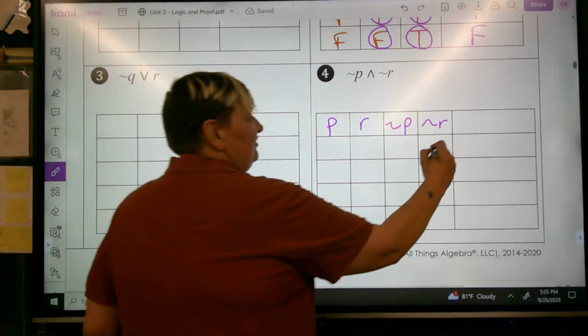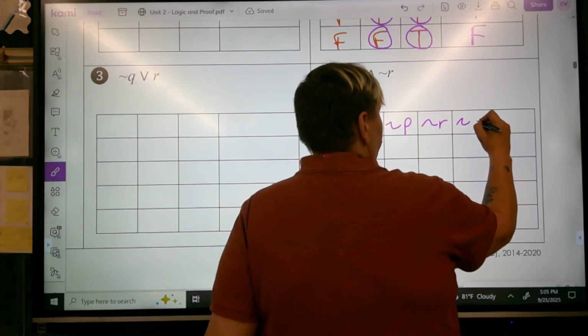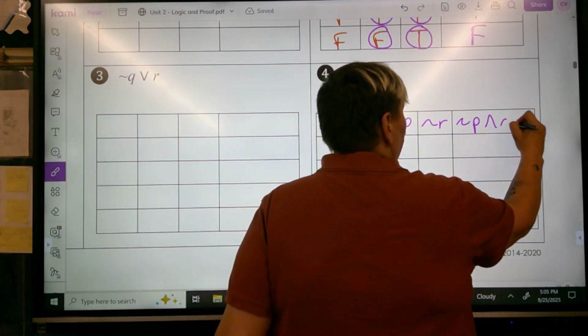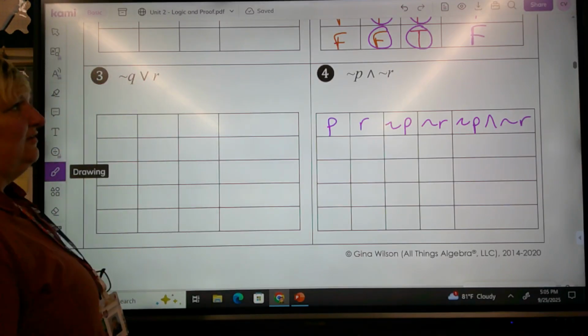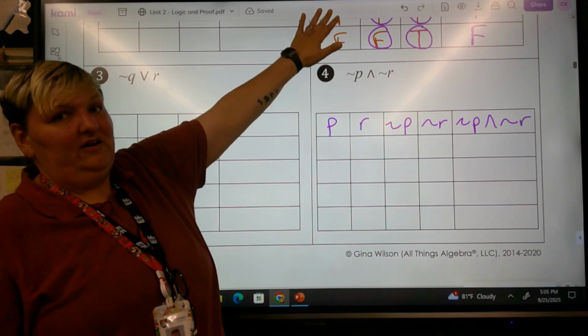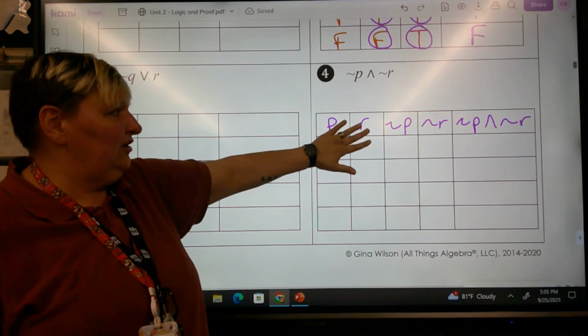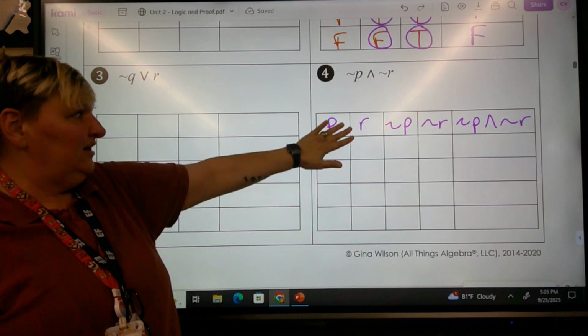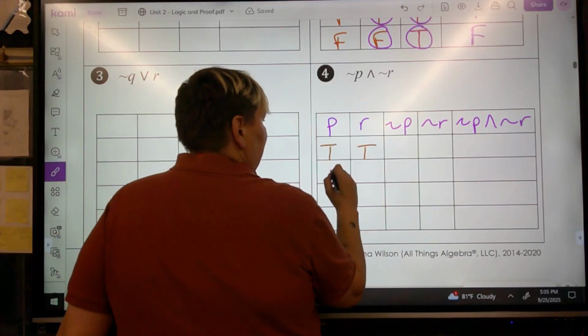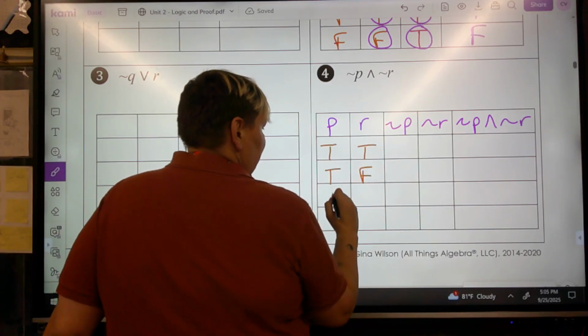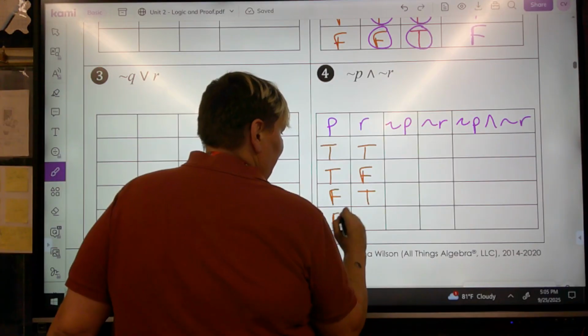And then you need your final compound statement, not P and not R. Just like we did up here, remember those first two columns repeat because it's two statements. They can both be true, they can be true false, they can be false true, and they can be false false.